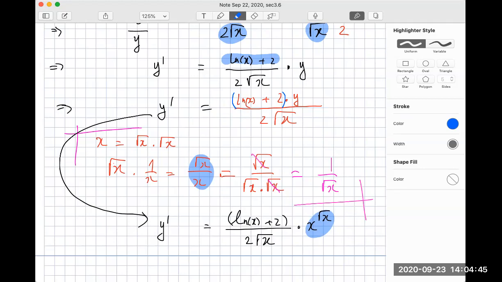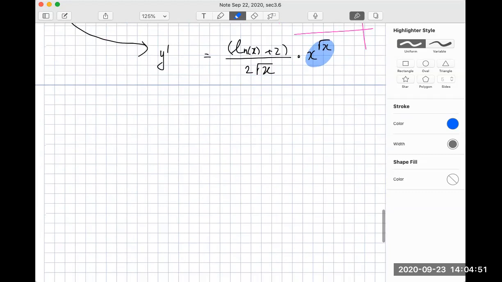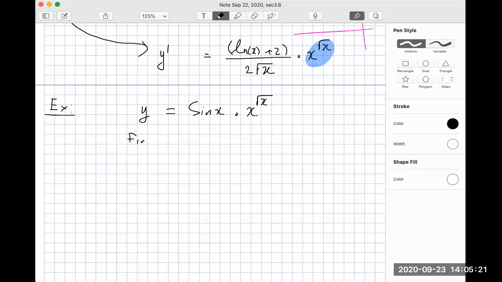Good job. So how about this one? Let's play with a slightly different problem. How about y is sine x times x to the square root of x. Find y prime.